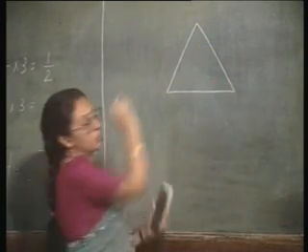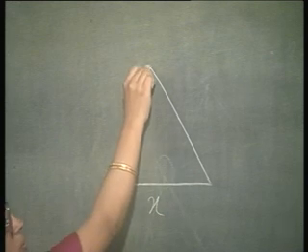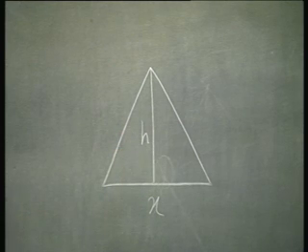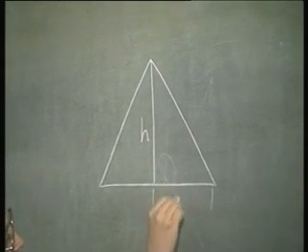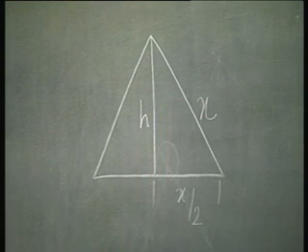I have this equilateral triangle, its side let us call it x. I drop an altitude from here, this is h. Since this is an equilateral triangle, this is going to be actually x by 2 and this is x.